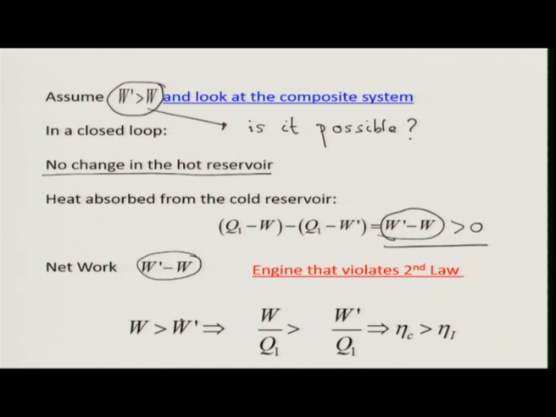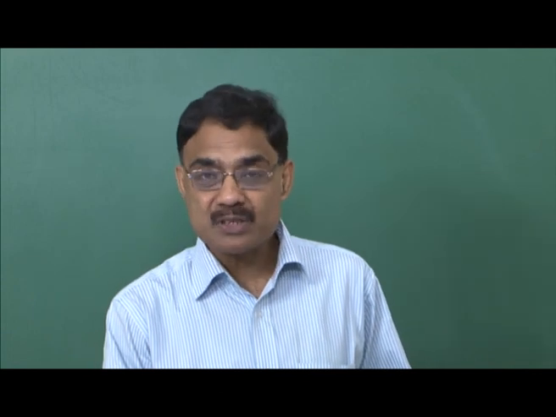So the composite system is actually like an engine which absorbs W prime minus W amount of heat and converts the entire heat to work. Is this possible? No. The second law of thermodynamics says this is not possible.